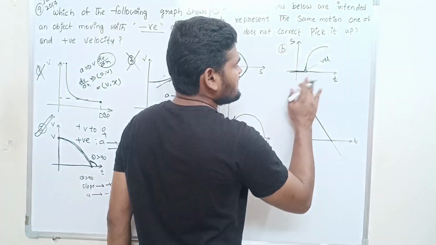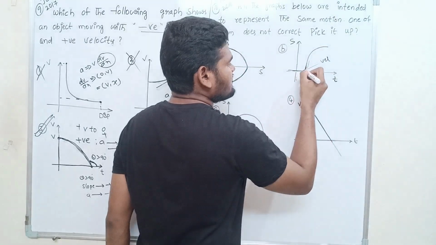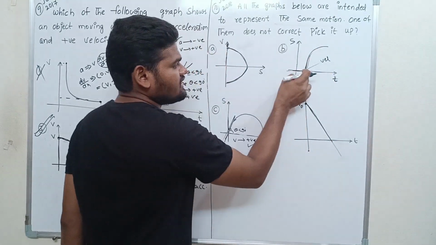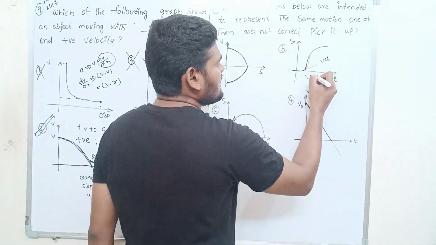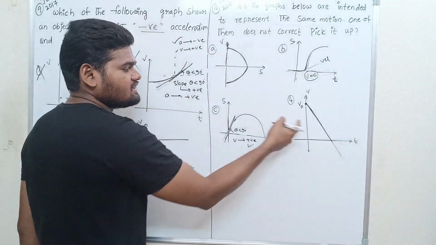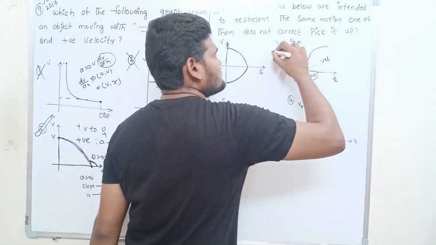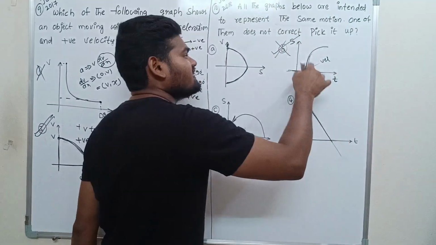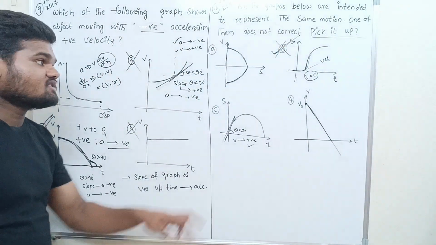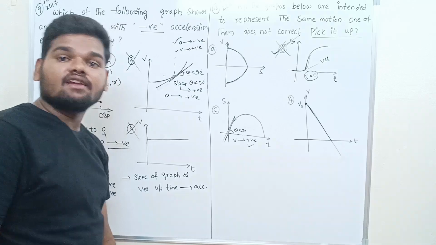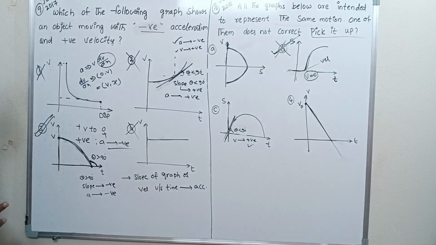The graph starts like this, so initial velocity is equal to 0. All other 3 graphs have an initial velocity, and this graph does not. So this is the different graph and we have to pick that one. So the option is B. Pause the video and write the solution.